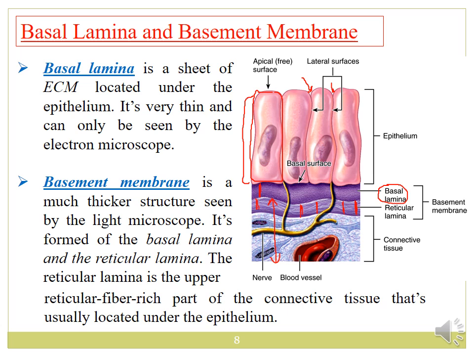So in this part, we have a lot of reticular fibers, and this region is called the reticular lamina. The basal lamina with the reticular lamina together form what we call the basement membrane.